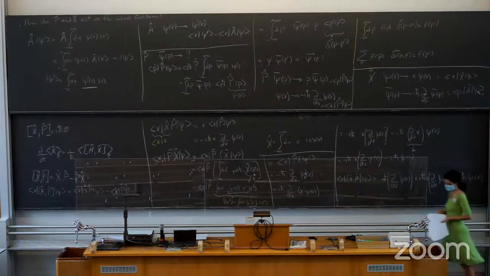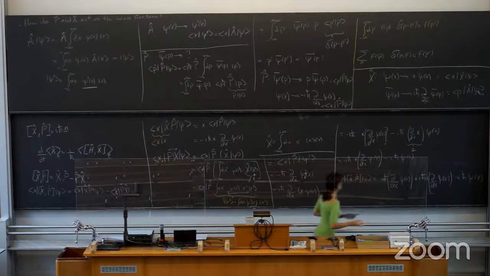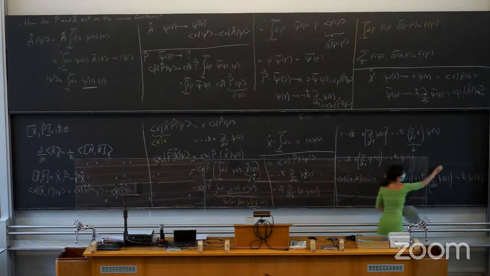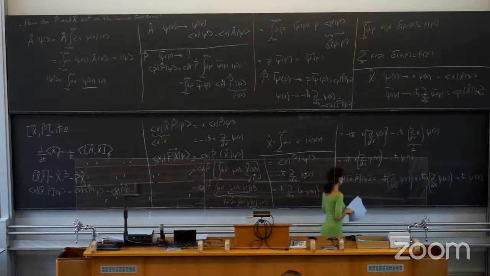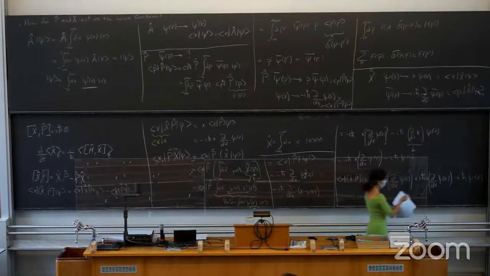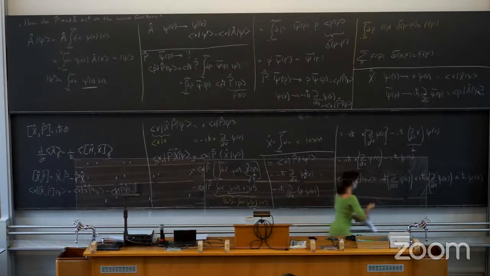These two terms are the same with different signs, so they just cancel each other. So then we have, yeah, it should be plus i h. So we have i h bar times the wave function.